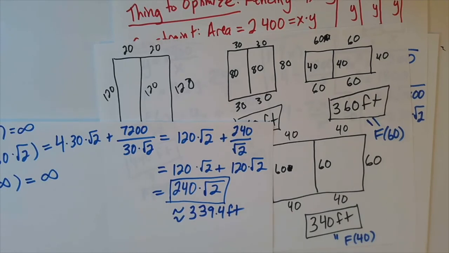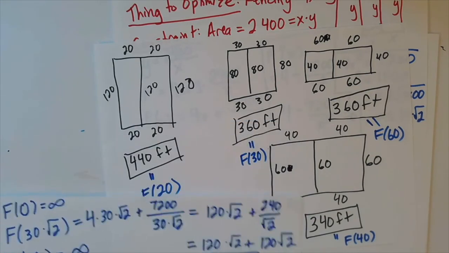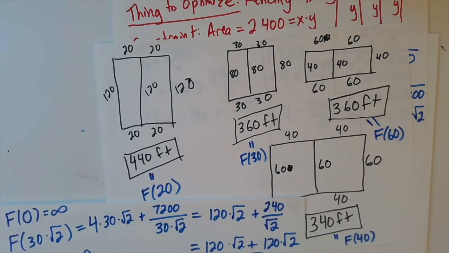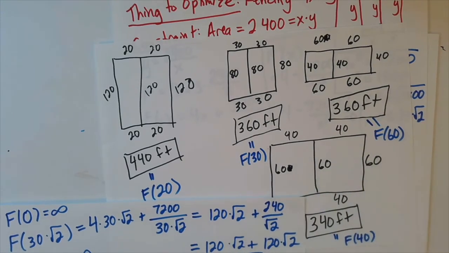Now, you might ask, why is that? And the reason is that my x here worked out to be 30 times the square root of 2. And what is 30 times the square root of 2? Well, it is 42.4, so it's really quite close to where it is in this picture.